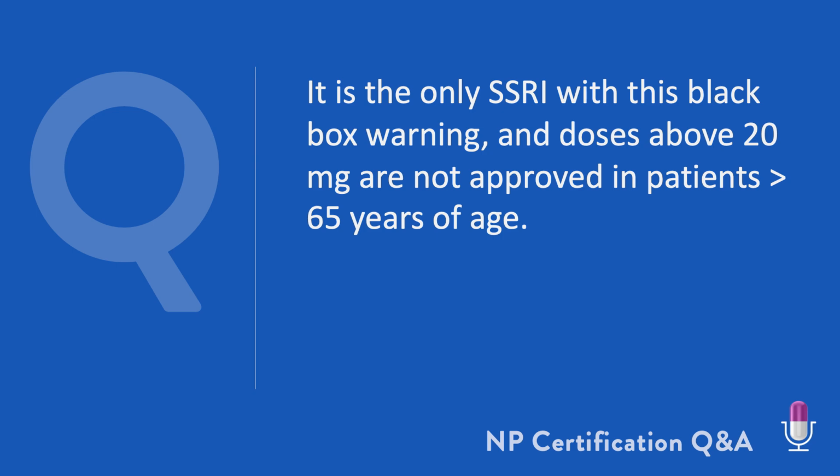Actually, doses above 40 milligrams are no longer approved for anyone, but nothing more than 20 milligrams is approved for an adult over 65. And so since we have so many other options here, citalopram should be avoided in a more mature adult, in an adult over 65 like this patient is.